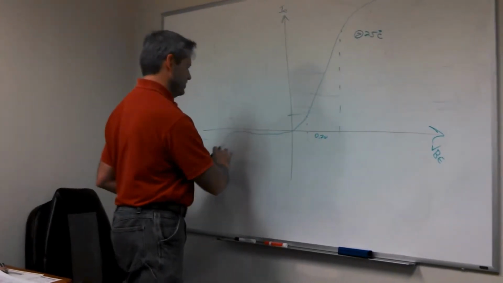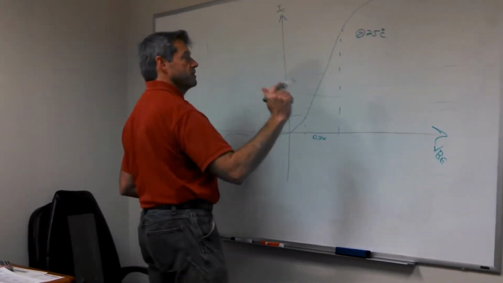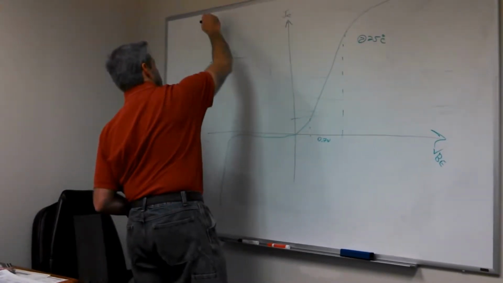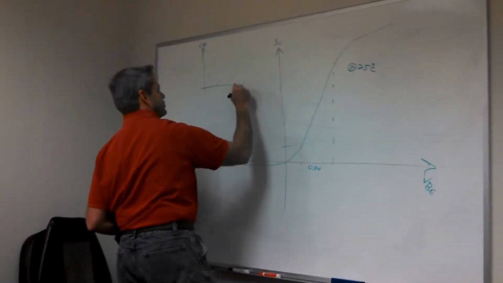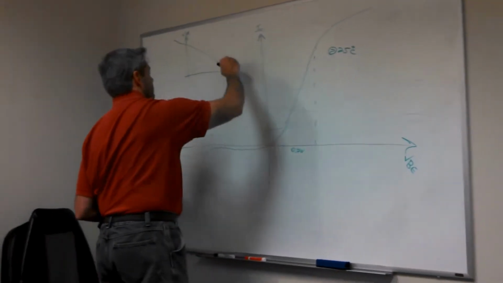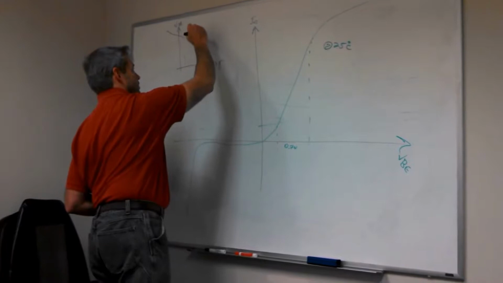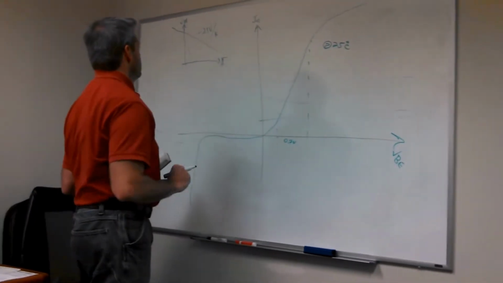What happens is this curve compresses. So what did we see? We saw VBE versus temperature looks like this, with a slope of about minus 2.1 millivolts per Kelvin.